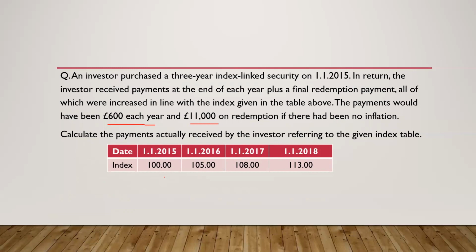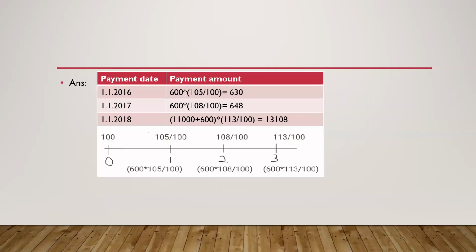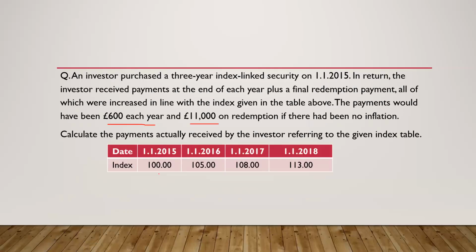This is nothing but the same index table which was explained in the previous sum. So you will draw a timeline as usual. Okay. Now, how would you explain this chart? See, now here you will consider the base index as 100, as given in the previous question, or the base index as of 2015 was 100.